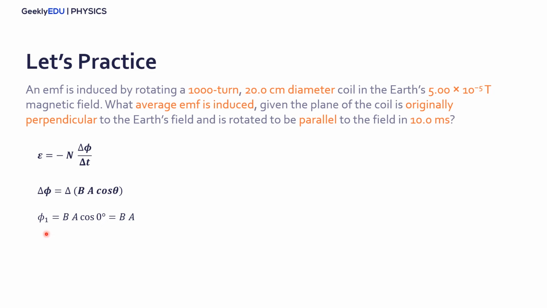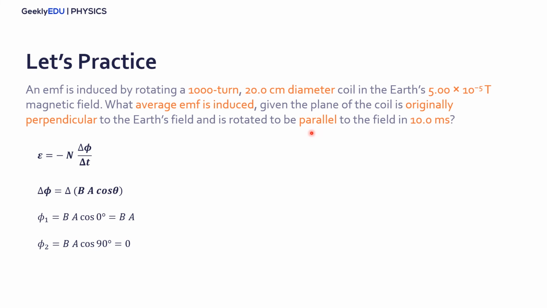First, let's calculate for the first moment. When the coil is originally perpendicular to Earth's field, the angle is 0, and the cosine of 0 is 1. So initially, the magnetic flux would be simply the magnetic field strength times the area of the coil. Now, for the second moment, when the coil is parallel to the field, the angle is 90 degrees.